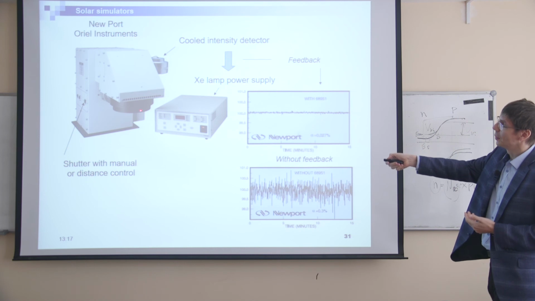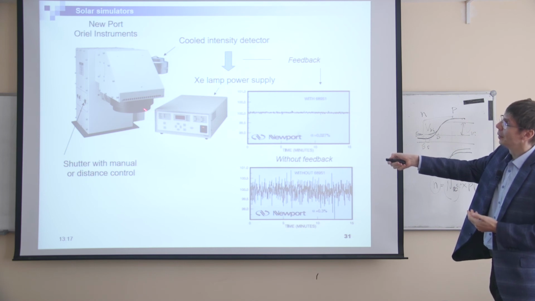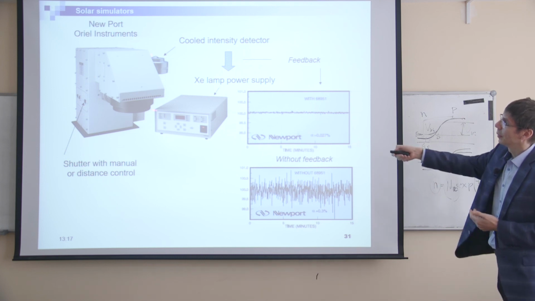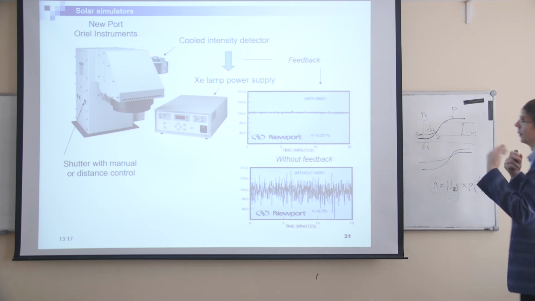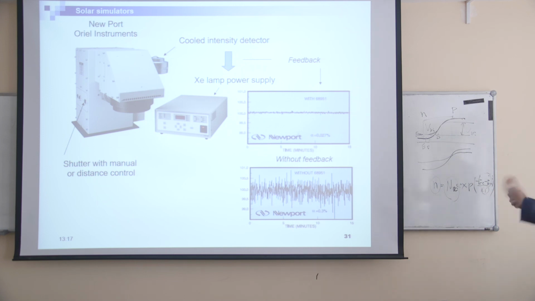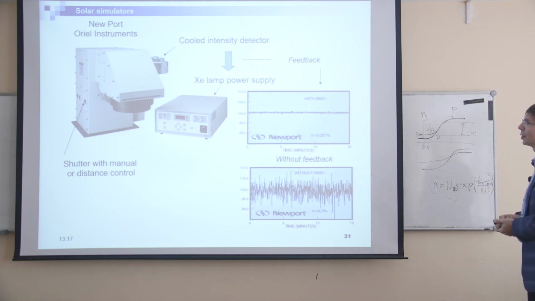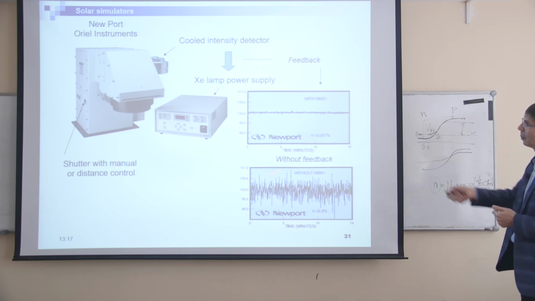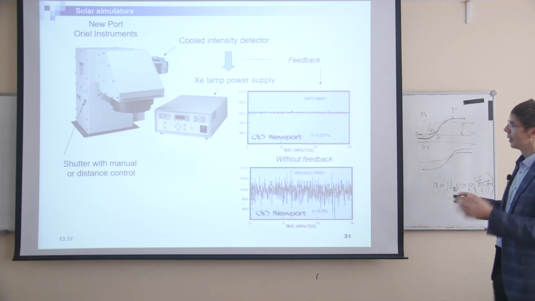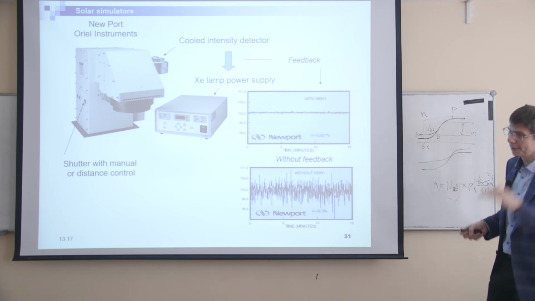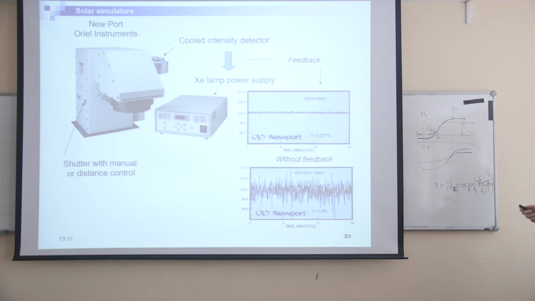Actually it's not seen, but you have some optical fiber which guides the light into the detector, which has special conditions to cool the detector, and it gives an opportunity to get some feedback to correct the intensity in situ. And here is some example from a producer showing that they can improve the temporal stability.